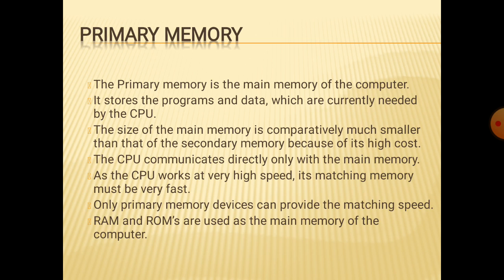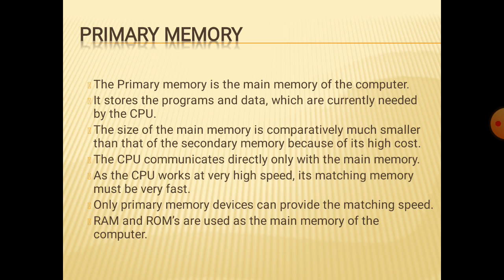The CPU communicates directly only with the main memory. When the CPU needs any content at the time of processing, it will search for that data directly in your main memory. It will not go to secondary memory. As the CPU works at very high speed, its matching memory must be very fast.